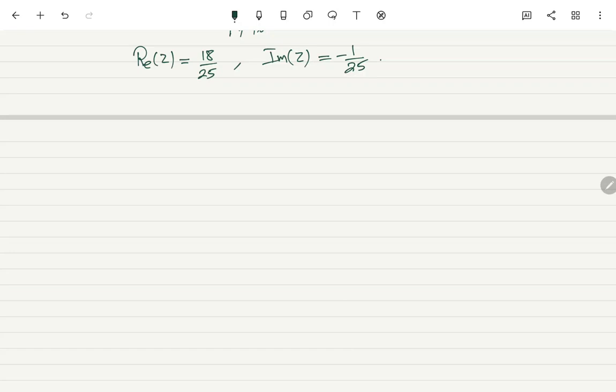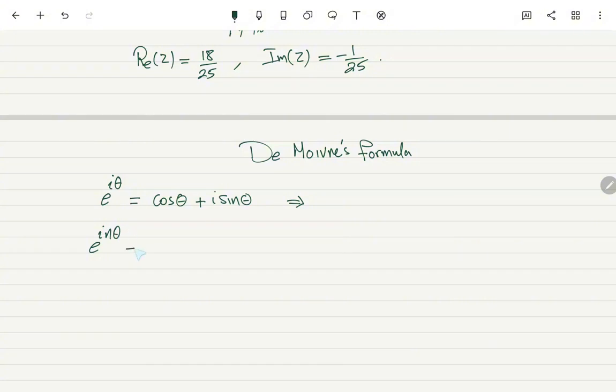Let's define De Moivre's formula. Back to the equation e to the i theta equal to cosine theta plus i sine theta. Now, if we raise both sides to the power n, we get e to the i n theta equal to (cosine theta plus i sine theta) all to the power n.